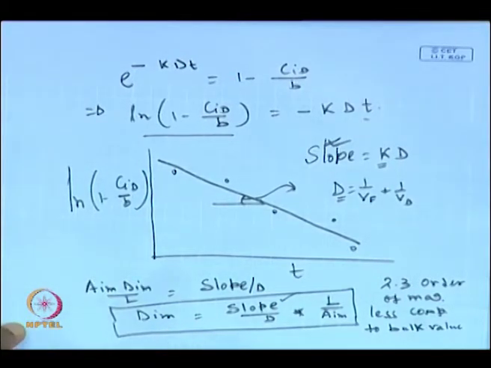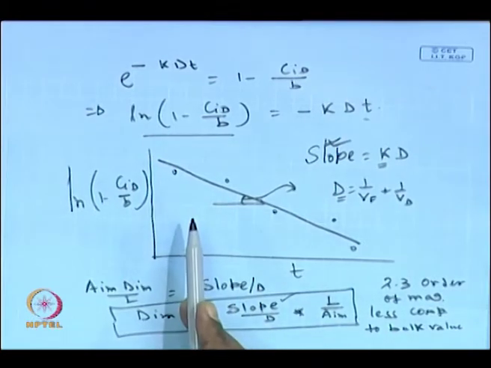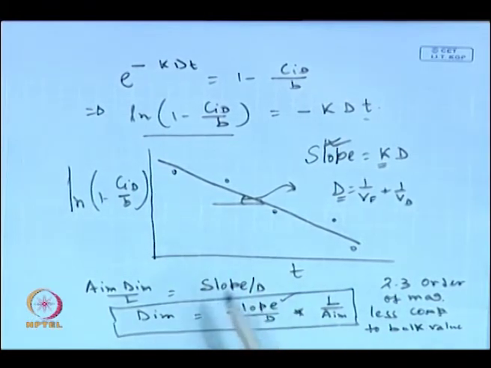Okay. So basically you have to conduct one batch dialysis experiment. That is a very simple experiment, and keep on monitoring the concentration at various time points. And then from the suitable plot of this quantity, you will be able to estimate the diffusivity of the solute in the membrane phase.